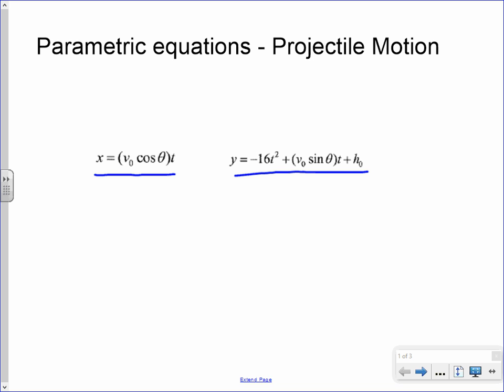So instead of just having one equation that models the height of our object that has been catapulted, we have two equations, one that represents how far our object has traveled, and one that represents the height of our object as it travels, okay? Both in terms of the third variable, t, which is time. So we can figure out how far and how high an object is after a certain amount of time.